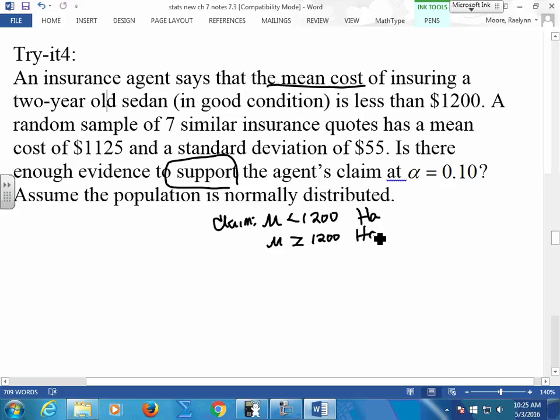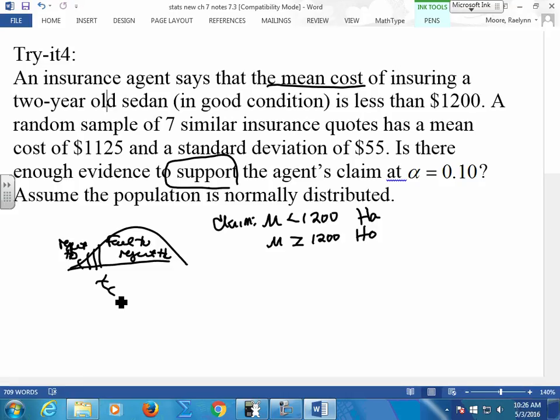What tail test do we have? Left tail. Boy, you're on a roll, Will. Thank you. So this says reject H0, fail to reject H0. Okay, we need a cutoff. Anybody find me a cutoff? Negative 1.440. Very good.